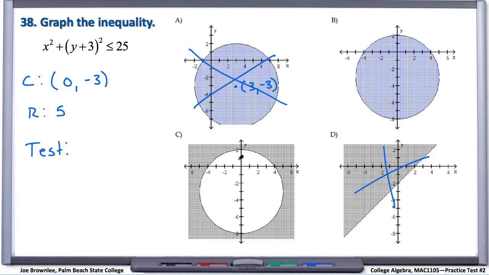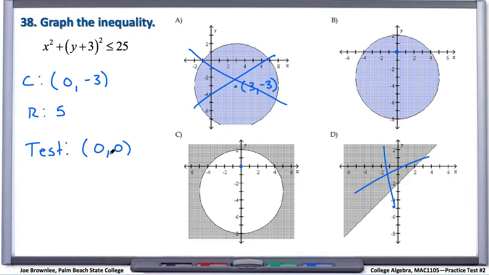So in this case, we can choose any point so long as the point we're choosing doesn't lie directly on that circle. And I like to use 0, 0 whenever possible. So we're going to choose 0, 0 because zeros are easy to work with. And we can clearly see that the point 0, 0 lies inside the circle. So we're good to go there.